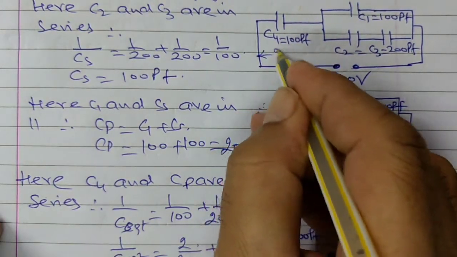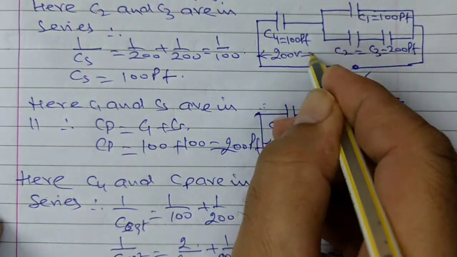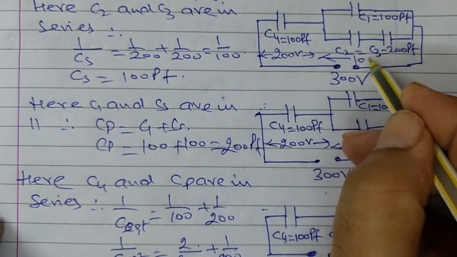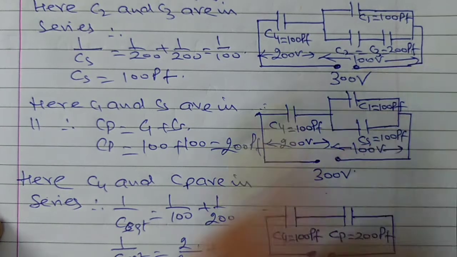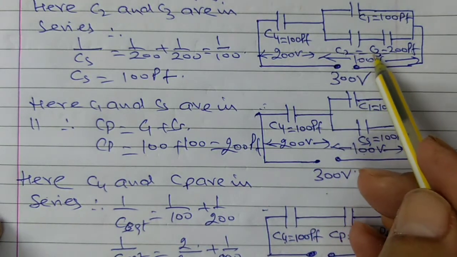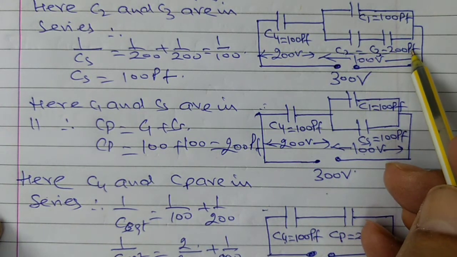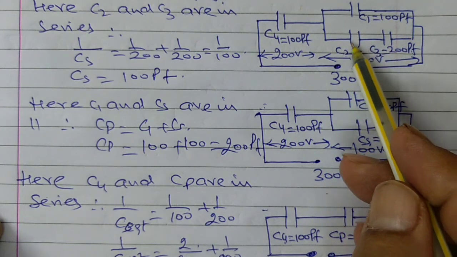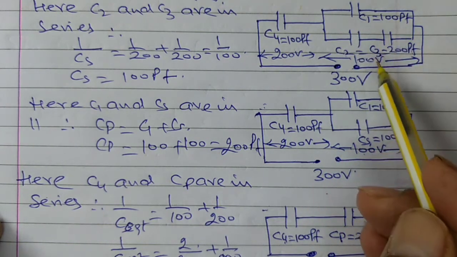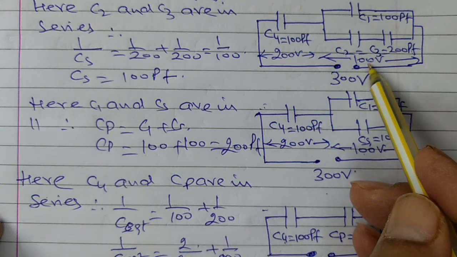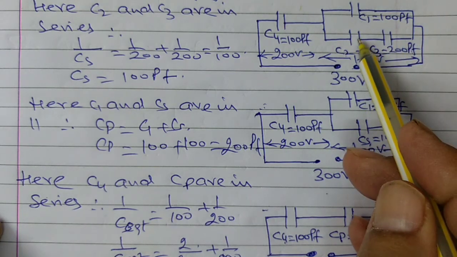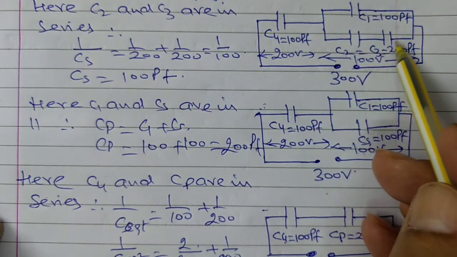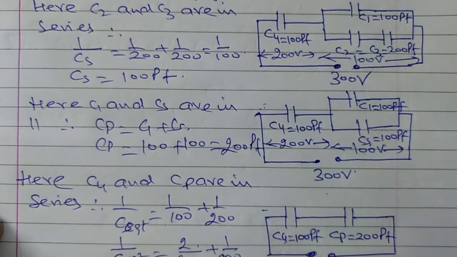Across the C2 and C3 combination there is 100 volt potential difference. Now C2 and C3 are in series, and the charge is also same. Therefore, the 100 volt is divided equally, that is 50 volt across C2 and 50 volt across C3.